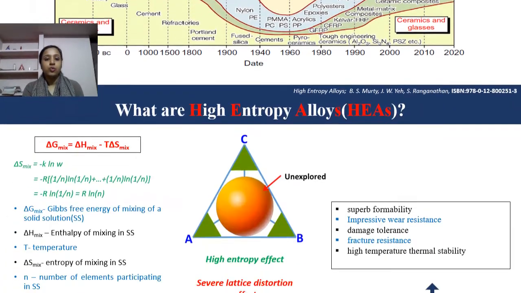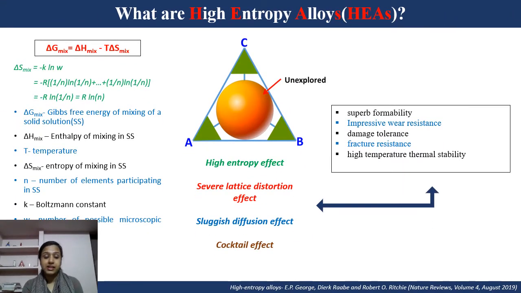So, what are high entropy alloys exactly? As I said before, high entropy alloys came into existence because people wanted to explore the center of the phase diagram. And Ye et al. came to a conclusion that in contrast to what they expected, that there should be multiple intermetallics forming if they mix all the elements together in equiatomic ratio, they found a single phase solid solution.